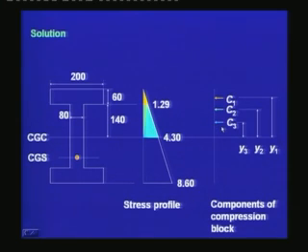We are also calculating the distances of the locations of C1, C2, C3 from the level of CGC, and these distances we are denoting as Y1, Y2 and Y3, because we need these distances to calculate the moment due to the stress block for the horizontal plane at the level of the CGC.